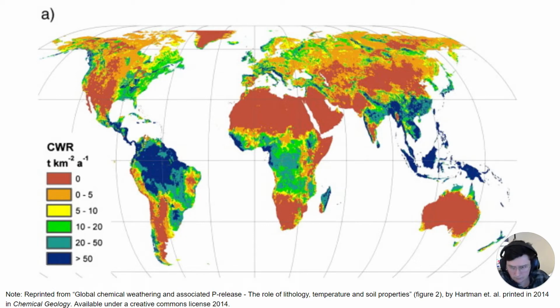You can see blue here is very fast weathering rates, and red is very slow weathering rates. In places like the southwestern US, so in the deserts of the US, very slow weathering rates. In places like the Amazon rainforest, very high weathering rates. Australia, very low. Oceania, very high. And that ultimately comes down to climate.